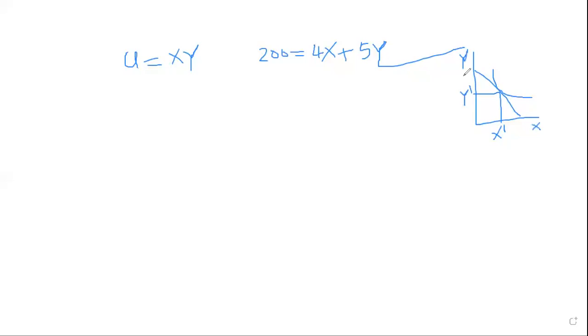So if that is the case, then let's go and do it. We know that at equilibrium, the marginal utility of x over the marginal utility of y should be equal to the price of x over the price of y.